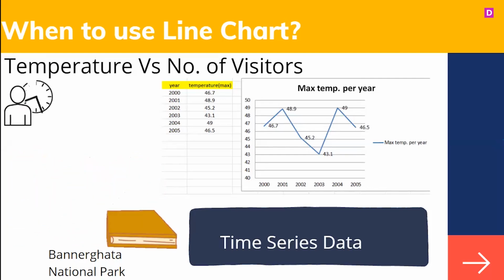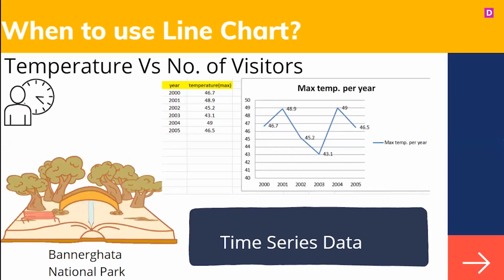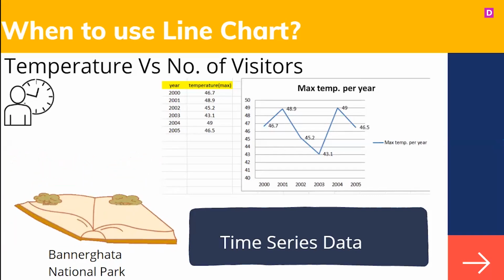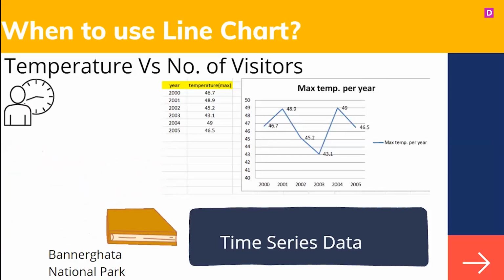And then does that number of visitors have any kind of influence with respect to the temperature on that particular day? So the graph that you're going to plot is between the number of visitors and the temperature.